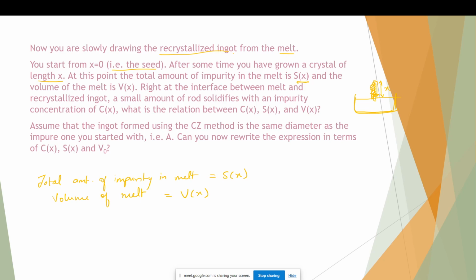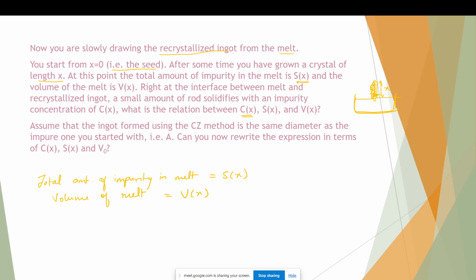Right at the interface between the melt and the recrystallized ingot, a small amount of rod solidifies with an impurity concentration of C of x. What is the relation between C of x, S of x and V of x? After x has already crystallized, when a little bit more is getting crystallized, that concentration is C of x.